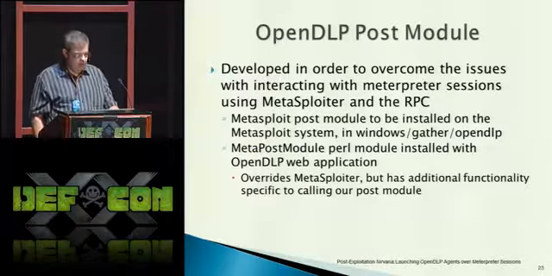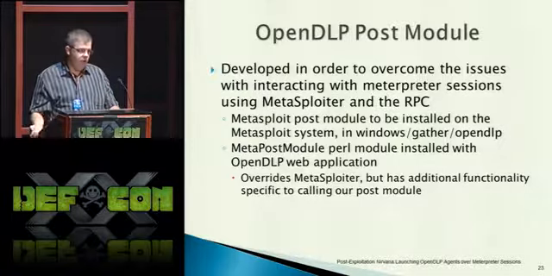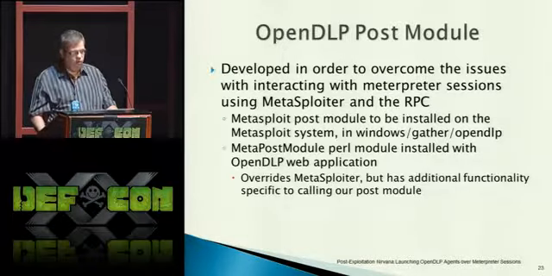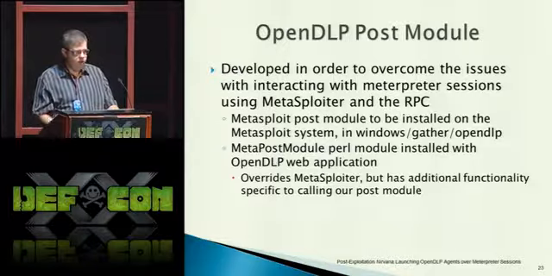I created this module, called it OpenDLP.rb, written in Ruby, and it's installed in the Windows Gather directory. I also created a Perl module, which interfaces with this Ruby module. The Perl module is obviously installed on OpenDLP, and the only purpose of it is to connect to the Metasploit Ruby module.